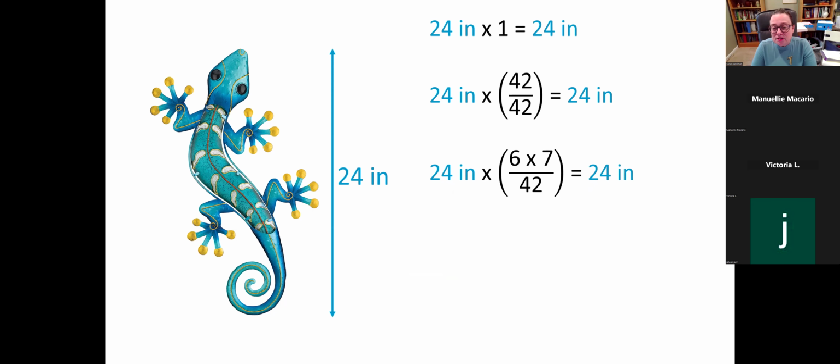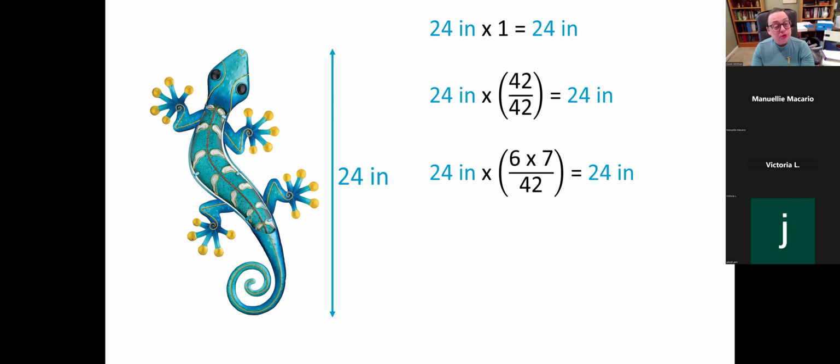It's 24 inches times 6 times 7 divided by 42. We still haven't done anything. The gecko is still sitting over there at 24 inches tall, equals 24 inches. And you're like, wow, these conversion factors are pretty boring. Yes, because all we're doing is multiplying by 1. We haven't done anything.